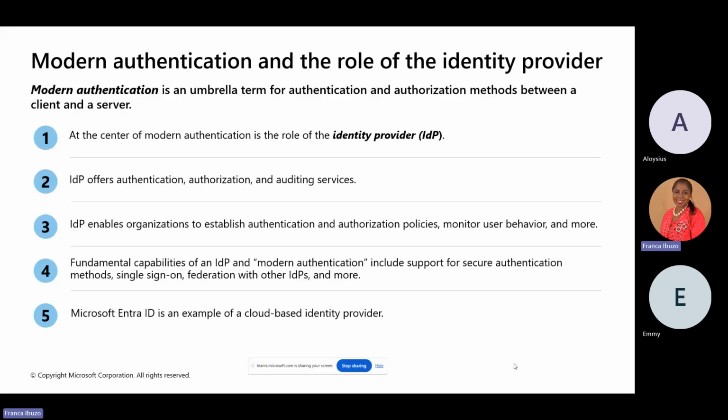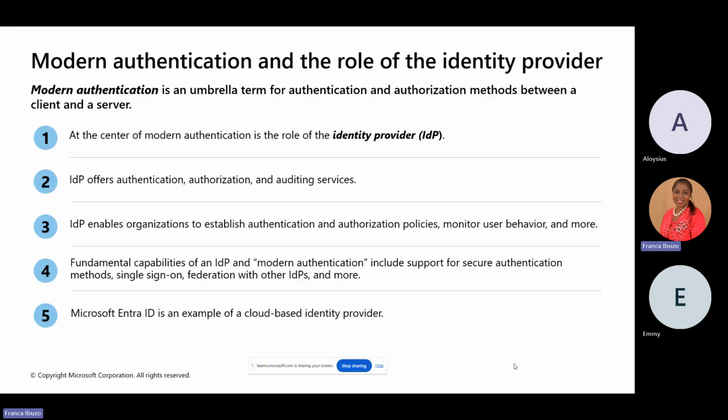So modern authentication is an umbrella term for authentication and authorization methods between a client and server. At the center of modern authentication is the role of the identity provider, IDP. IDP offers authentication, authorization, and auditing services.